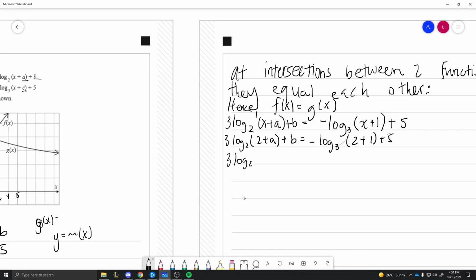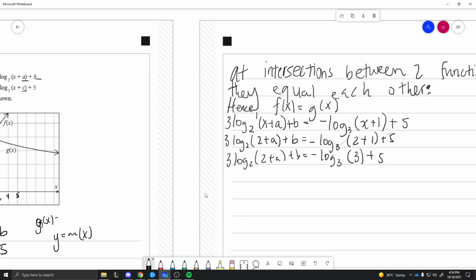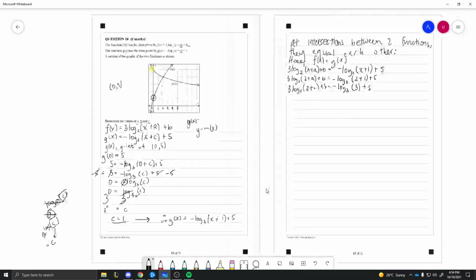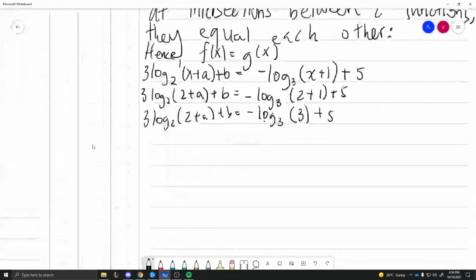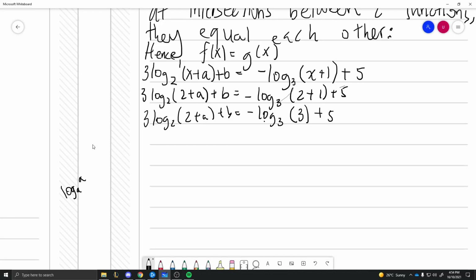3 log base 2 of (2 plus a), plus b, equals negative log base 3 of (2 plus 1, which is 3), plus 5. Log base 3 of 3 is equal to 1, because log base a of a always equals 1.